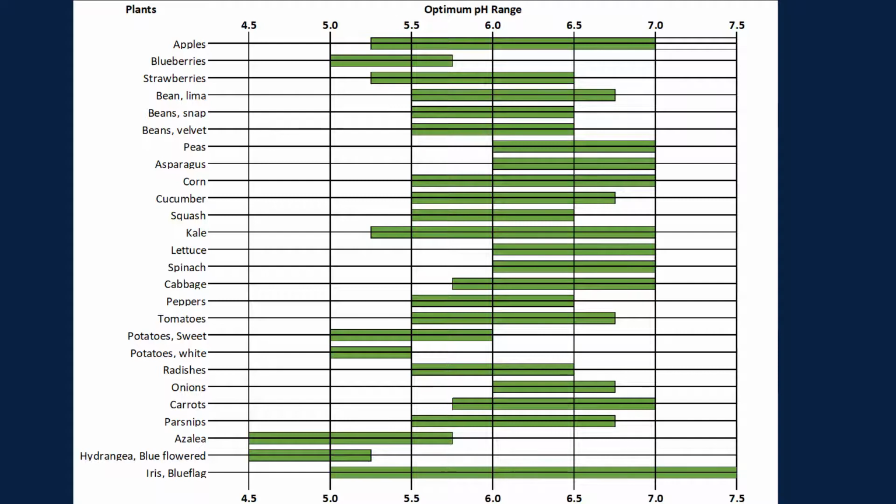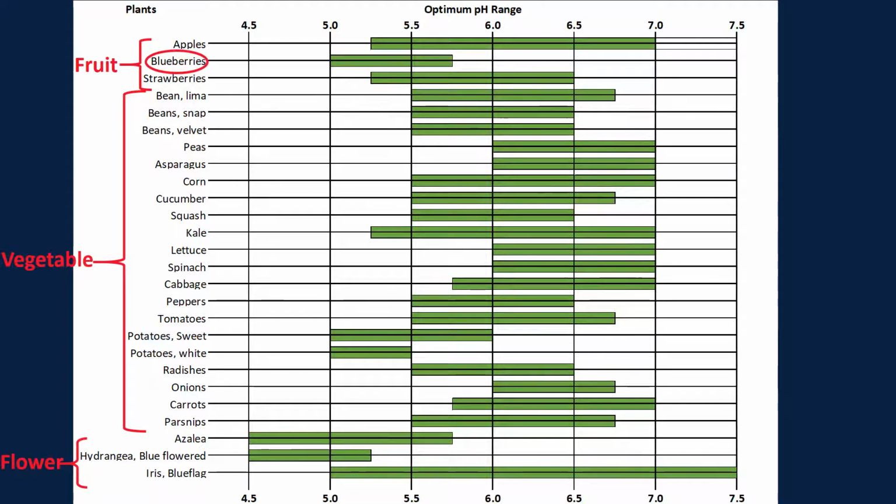And if we look at some loose classifications of our plants over here, we can see that we have our fruits up at the top, our vegetables kind of here in the middle, and then we have our flowers down here at the bottom. And generally speaking, they all tend to like about that 5.5 to 7 range, that 6 to 7 pH we talked about earlier. However, there are some that are a little bit different.